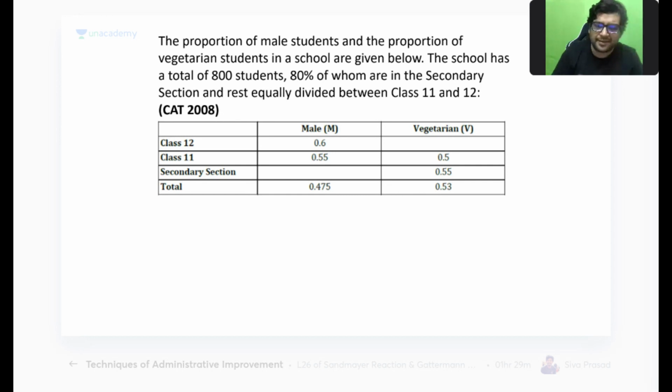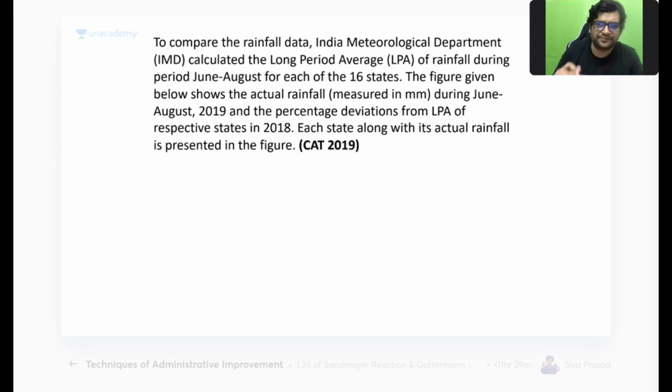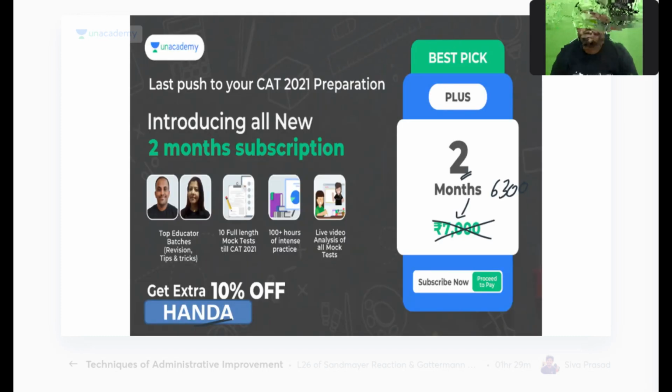So 3 CAT sets is what I plan to discuss today. Let us start with the first one. If there are any questions that you guys have about preparation, you can please ask them. If not, give me a thumbs up so that I can start with the questions that I have planned.